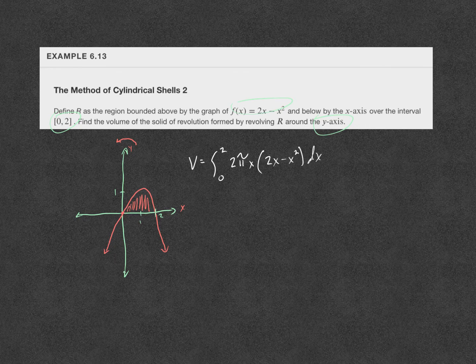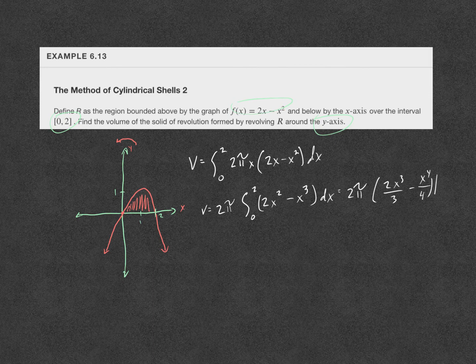This one's going to be a little bit more involved to integrate. First, we'll factor the 2 pi out. V equals 2 pi times the integral from 0 to 2. Distribute the x, and you get 2x squared minus x to the third, and then our dx. Now we can take the antiderivative, 2x cubed over 3 minus x to the fourth over 4, and that is evaluated from 0 up to 2.